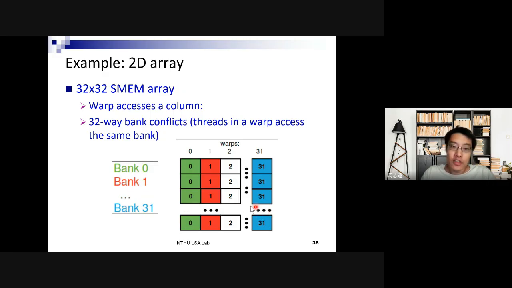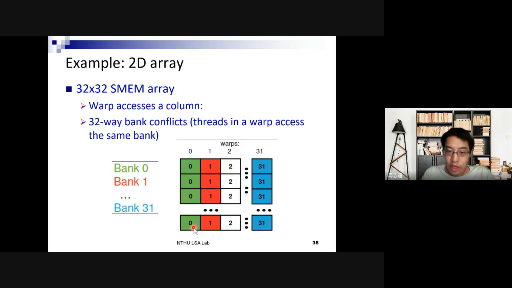If we try to read the data from shared memory in a column-major way, then for a single warp, the first thread will read this element, the second thread will read this element, and so on.